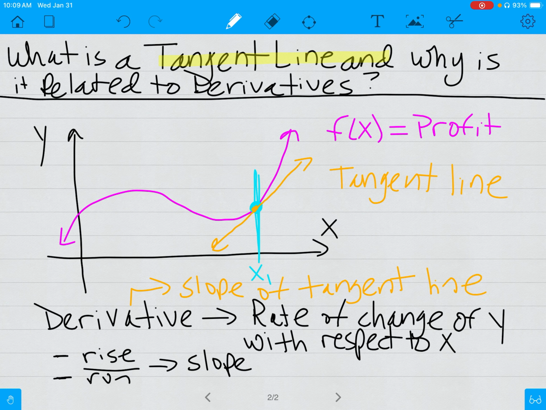Okay. Now, how do we move from this idea of drawing all of these different lines that we were drawing to getting just this one? How do we figure out the magic tangent line that just touches our curve at that one and only one point?